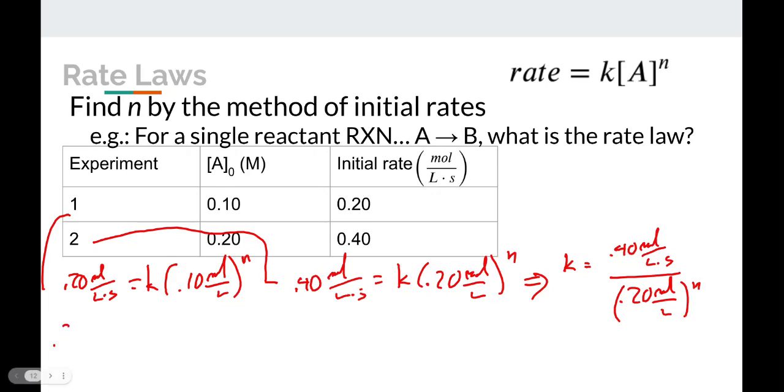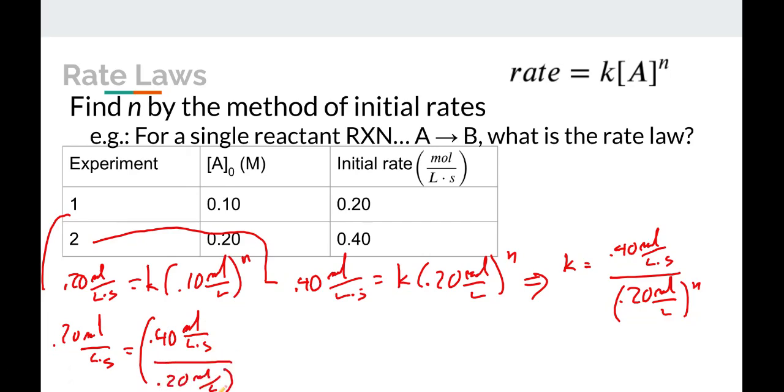So that gives us 0.20 moles per liter second equals, now we're going to substitute 0.40 moles per liter second over 0.20 moles per liter raised to the n power, and then that's times 0.10 moles per liter raised to the n power.